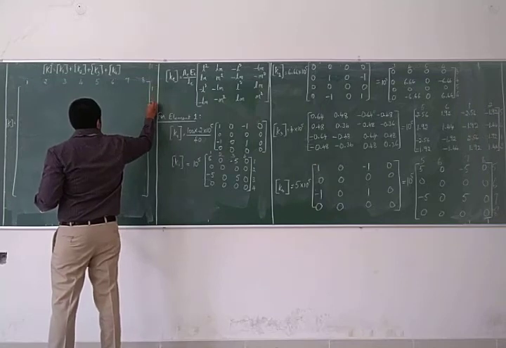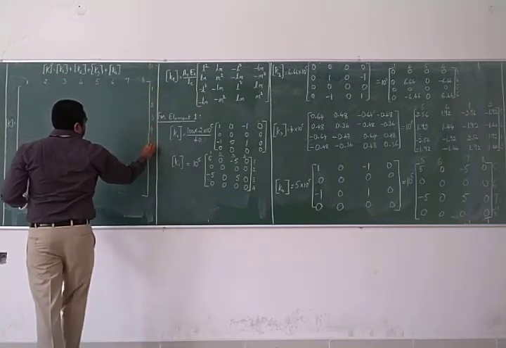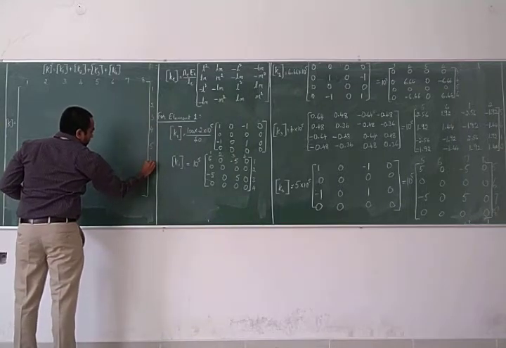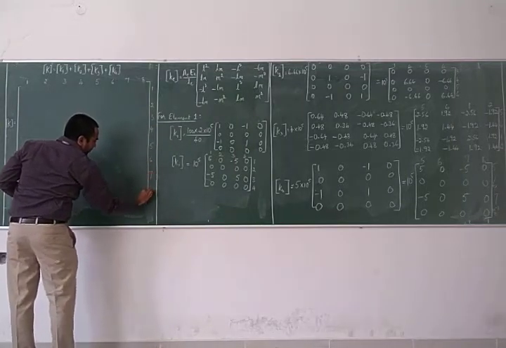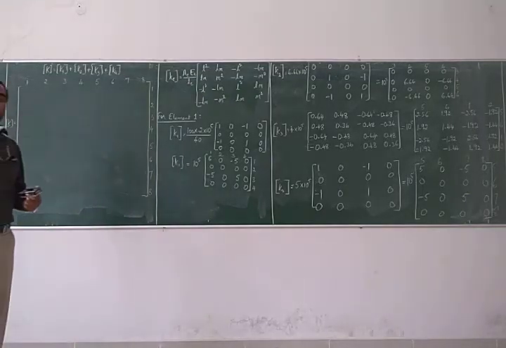Row 1, 2, 3, 4, 5, 6, 7 and 8. So I have marked the row number and the column number.